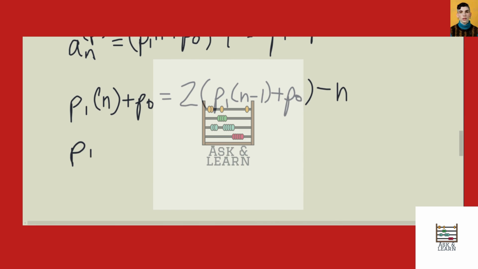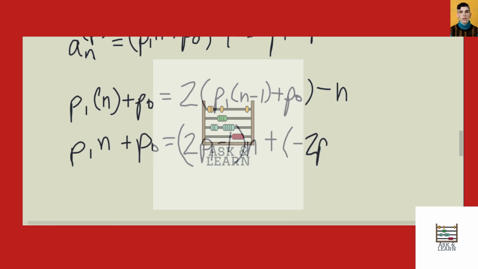So we have that p_1 n plus p_0 is equal to (2p_1 minus 1) times n, and then we have plus negative 2p_1 plus 2p_0.